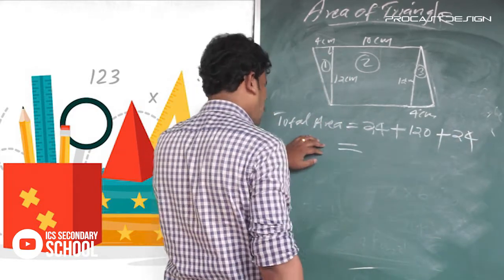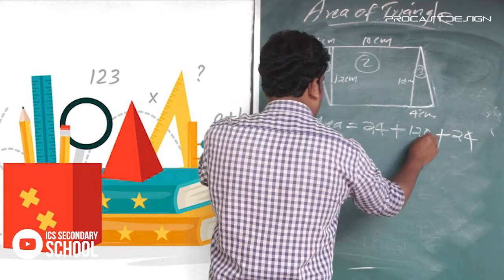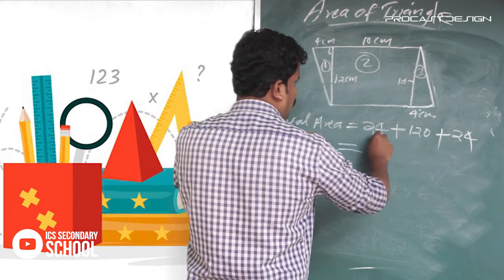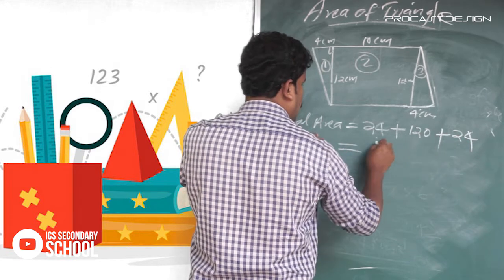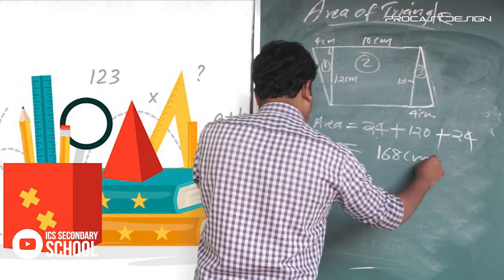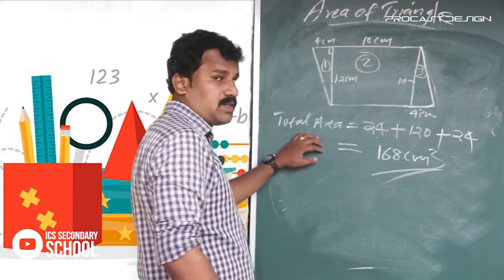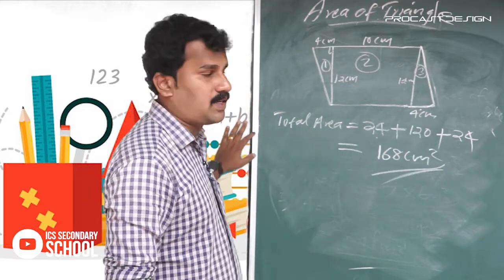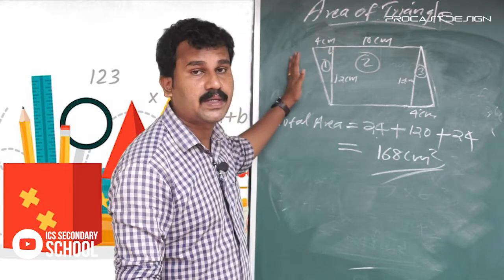So total area is equal to 120 plus 24 plus 24, that is 120 plus 48, that is 168 centimeter square. That is the total area of this figure.